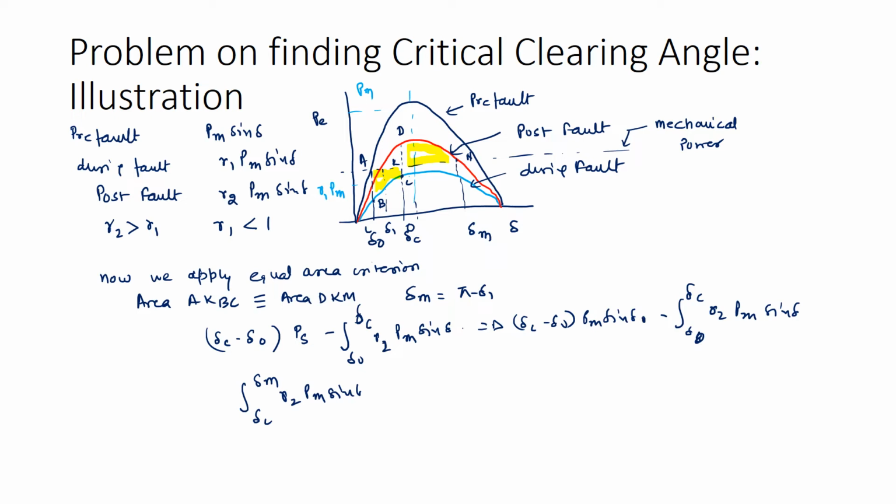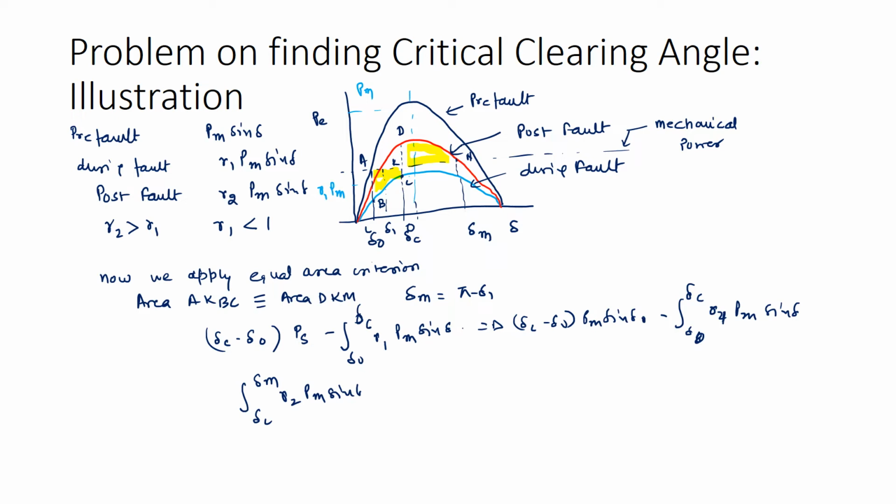Just a little correction here. We will be writing it for the pre-fault curve. So, it is equal to R1 PM sine delta. So, this is the area of the rectangle minus this. During the fault it is R1.